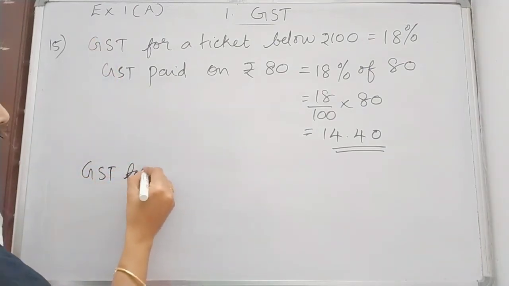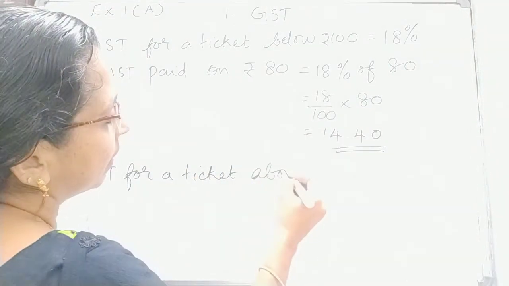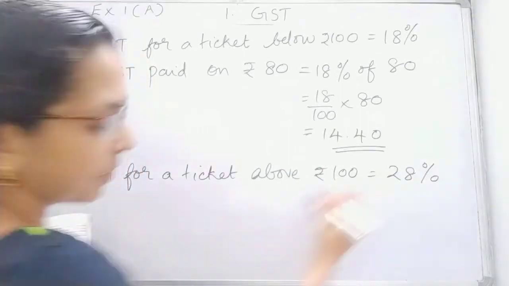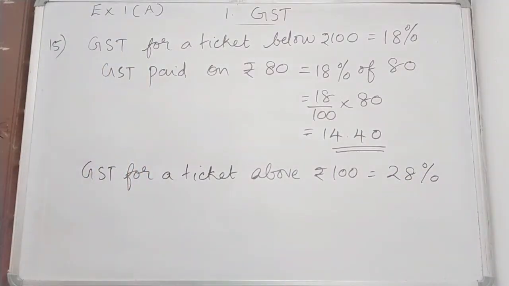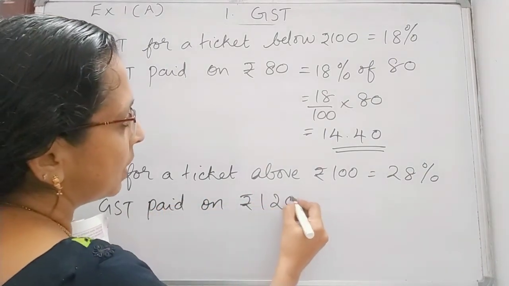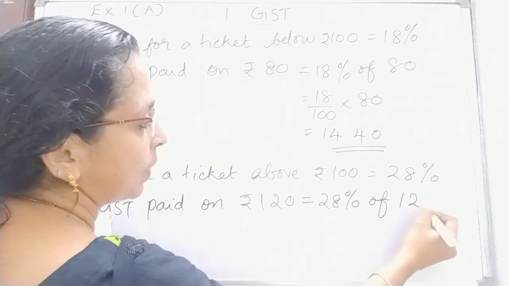Same way, GST for a ticket above 100 is given as 28%. GST paid above 100 means 120 belongs to that category. So GST paid on rupees 120 will be 28% of what? 120 rupees.